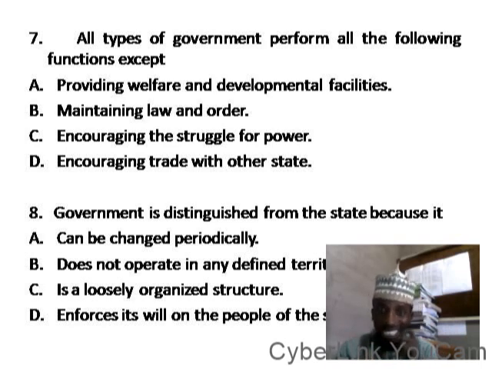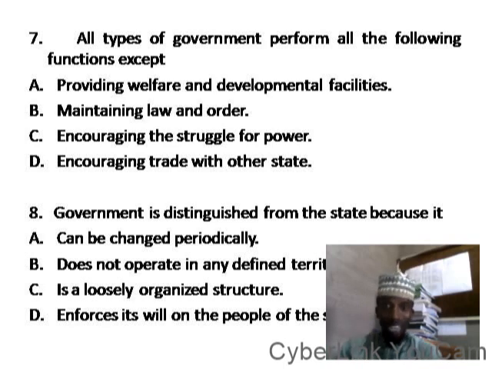So we want to distinguish government away from the state. It means that you are going to look for the feature of government in the options that is not the same with the state. Option A is the correct answer because government is periodically changing.